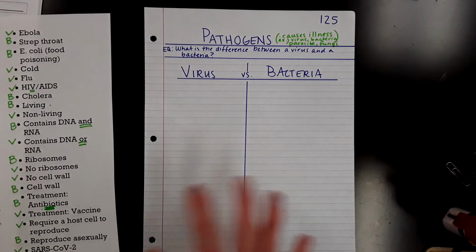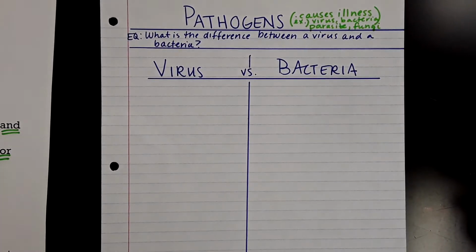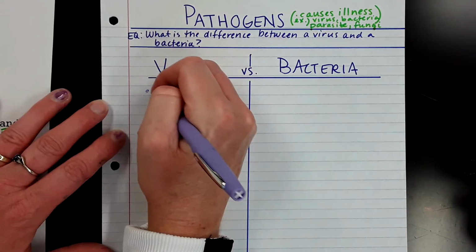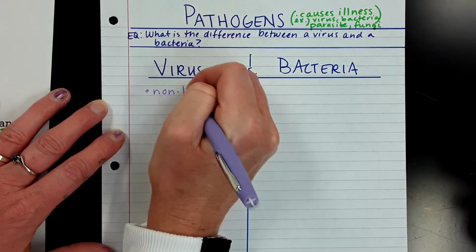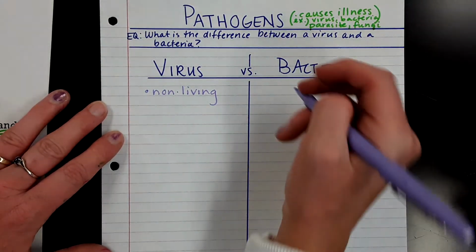Now fill out your T-chart. I'll put these in a basic order of what's most important to know. The big thing to know is that viruses are non-living particles that can make us sick.